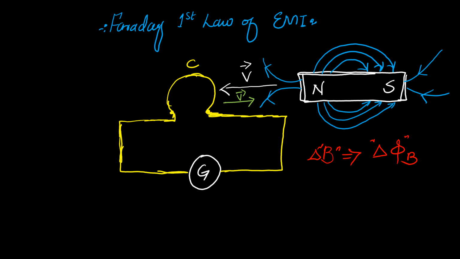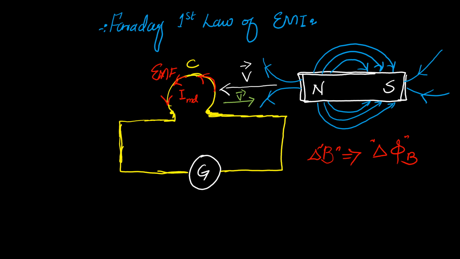This change in magnetic flux will cause a production of an electromotive force in this closed circuit coil. Whenever there is an electromotive force in this closed circuit coil, there will be a production of an electric current in this coil. And this current is known as an induced current.